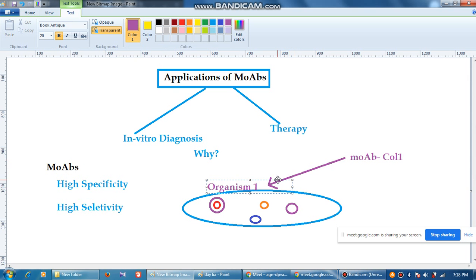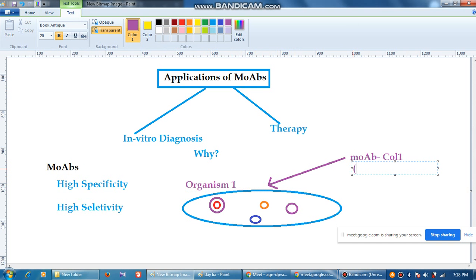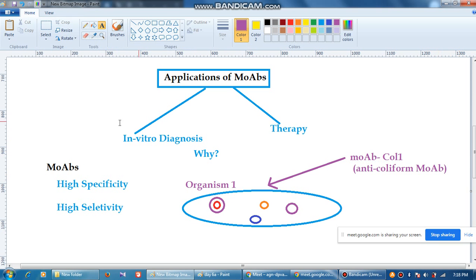Now consider that you have the monoclonal antibody against coliforms. So let us say anti-coliform MOAB. What will happen? You will be certain that in your Petri plate, organism 1 is coliform.